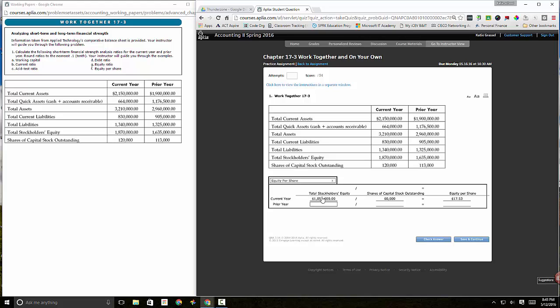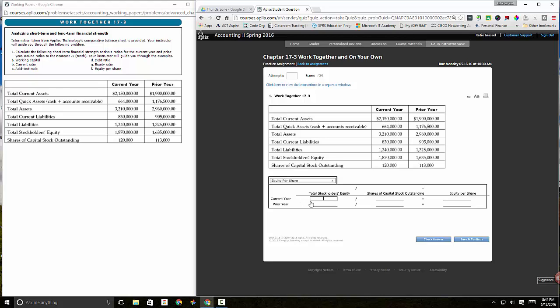We're going to do total stockholders' equity here, and for the prior year, 849,000. I plugged in the wrong numbers. Sorry, I was looking at a totally different problem than what we're supposed to do. Let me try that again.